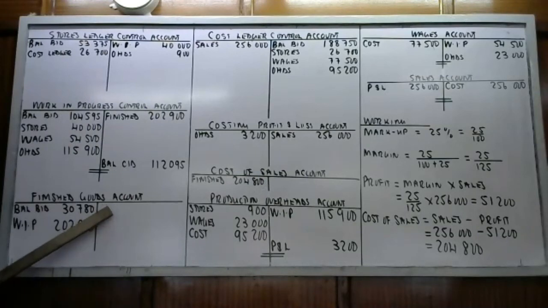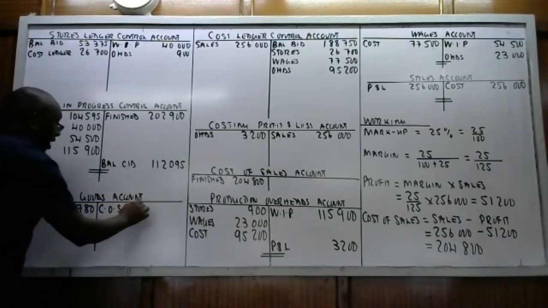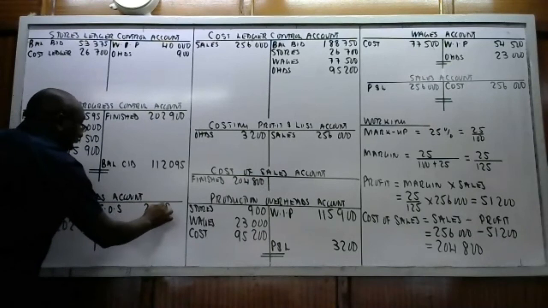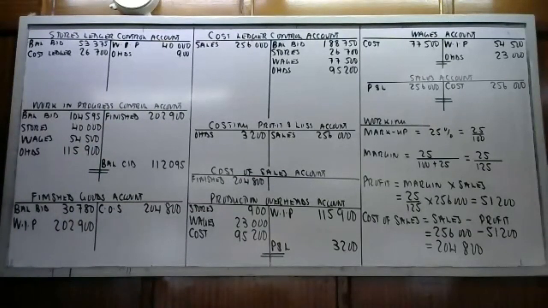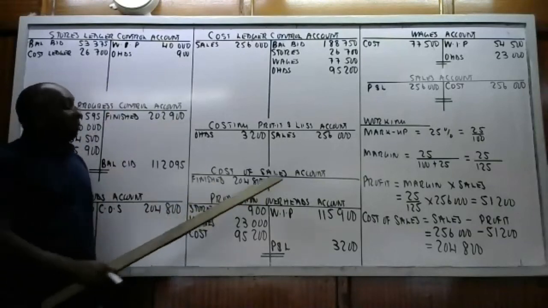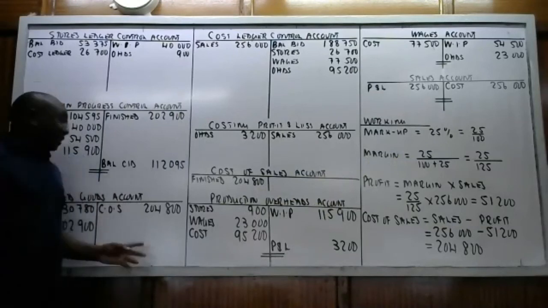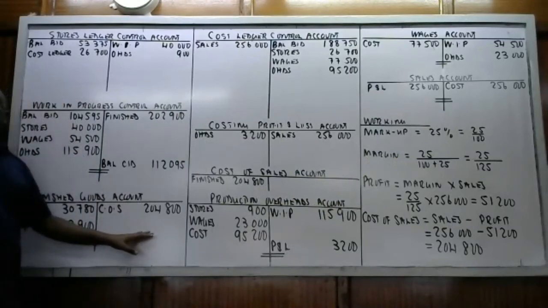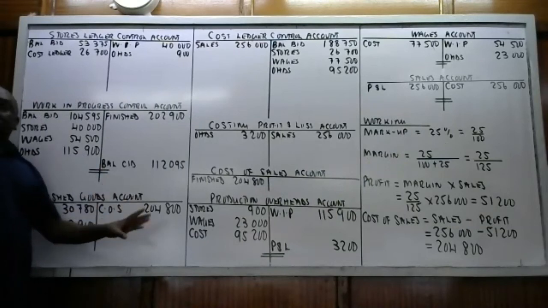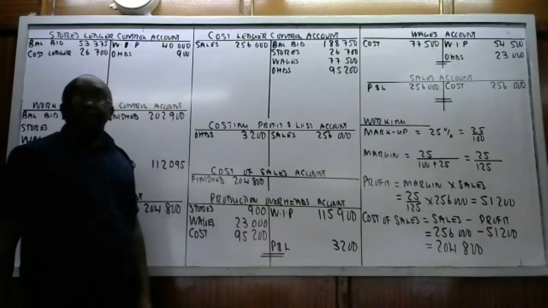So when you credit here in finished goods, because of cost of sales, we had 204,800. But if we had not been told about this 25%, we would have assumed that they sold everything. Then all of it would have gone to cost of sales. But the question mentioned this 25%.